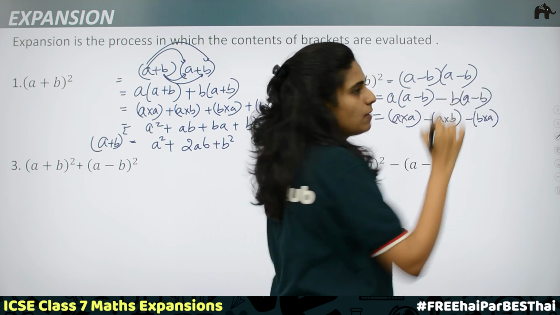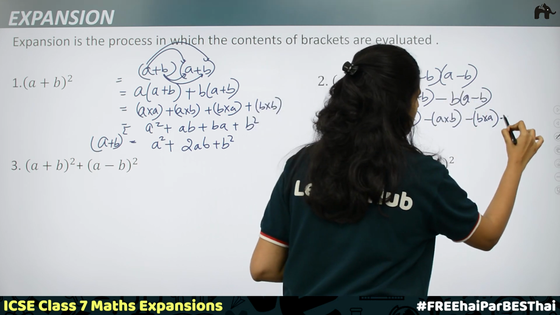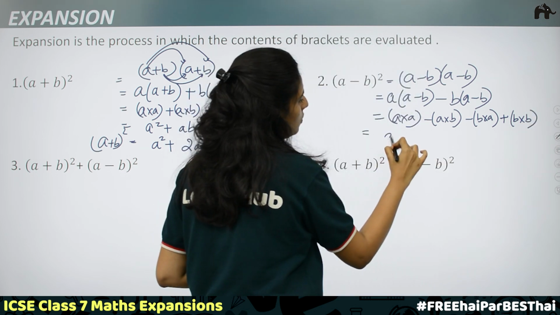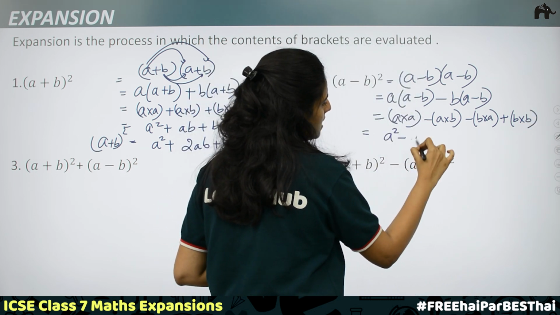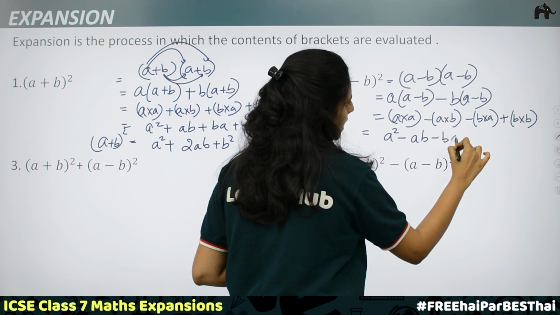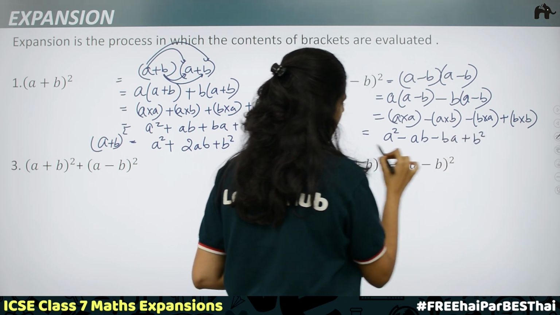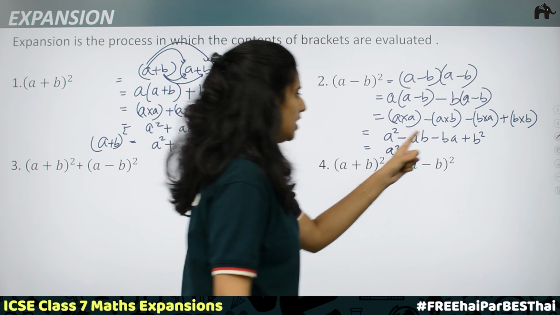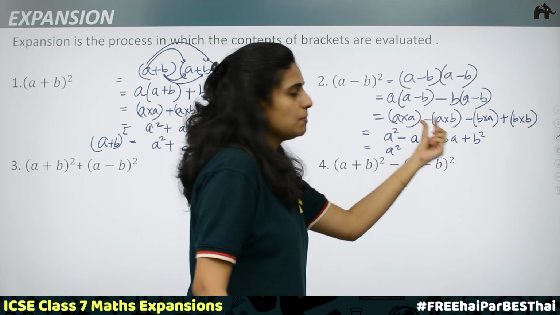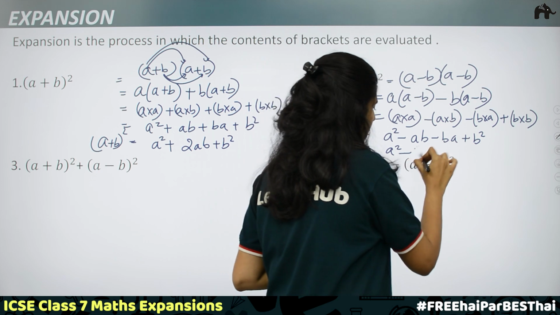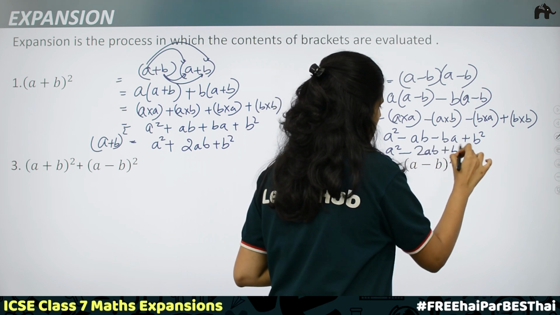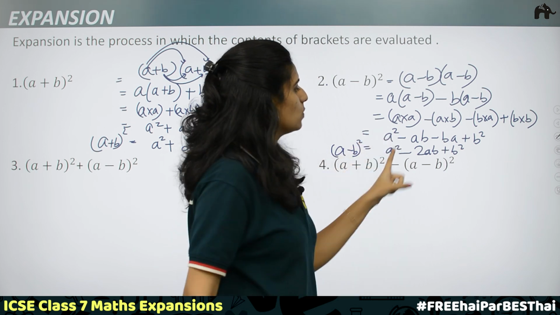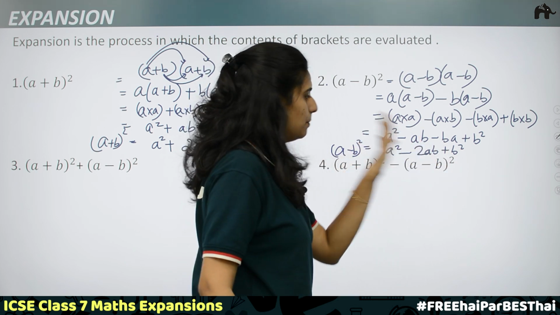Here minus of minus becomes plus. Therefore, plus b into b, which is equal to a square minus ab minus ba plus b square, or a square minus ab minus ab. ba is ab. Minus ab minus ab will be minus 2ab plus b square. So, a minus b whole square is equal to a square minus 2ab plus b square.